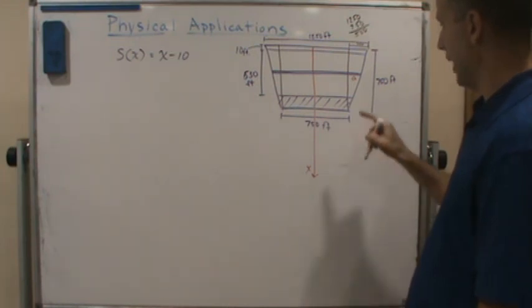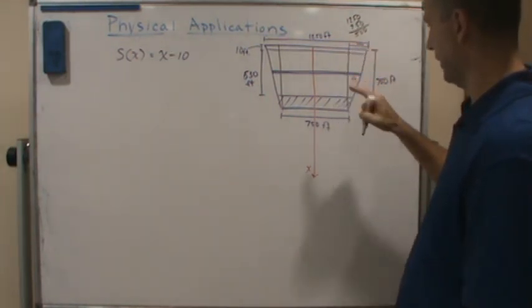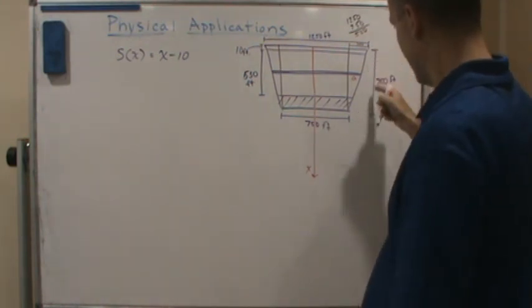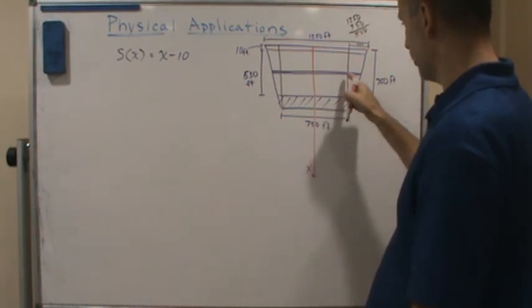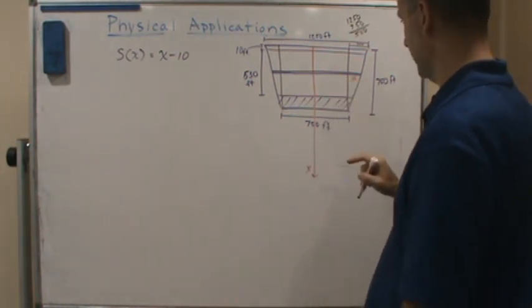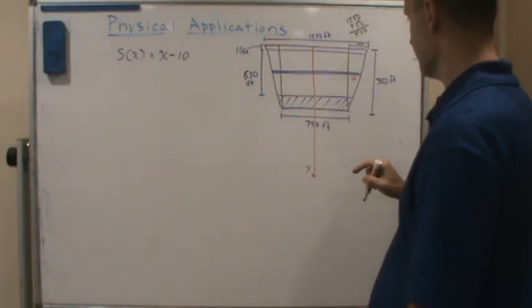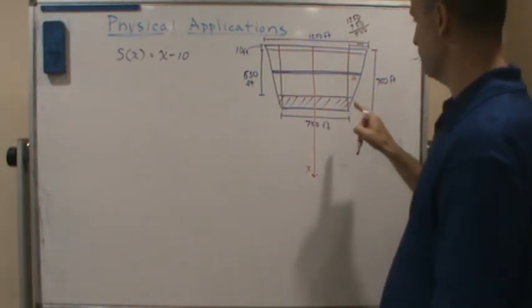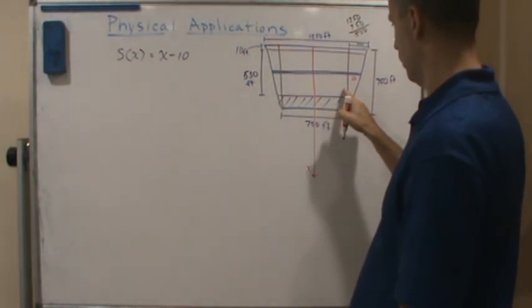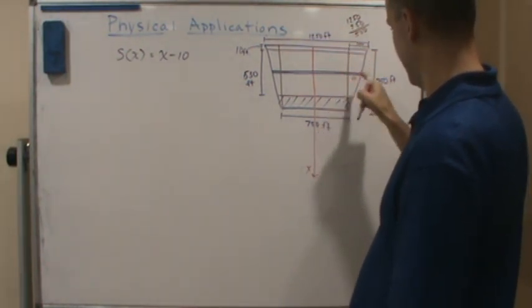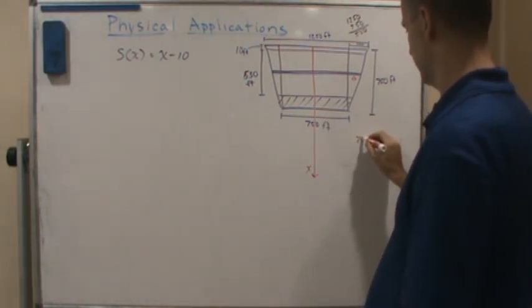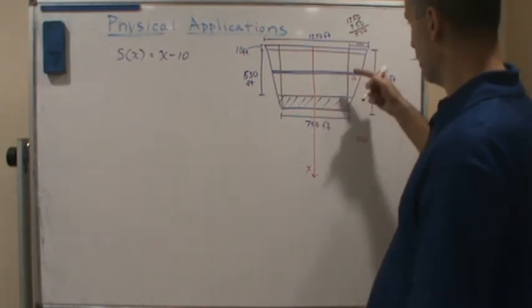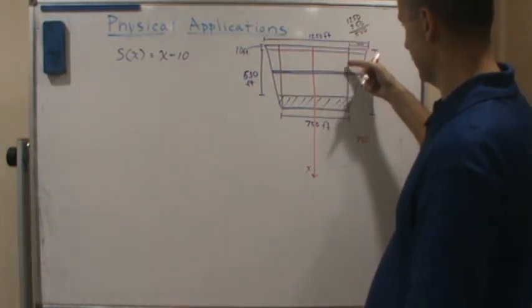So I'm going to compare this length to A. Now, the height of the big triangle is 750. Well, I know the height of this triangle is what? I know the total height is 750. Okay? And I know the depth here, right, is going to be what?